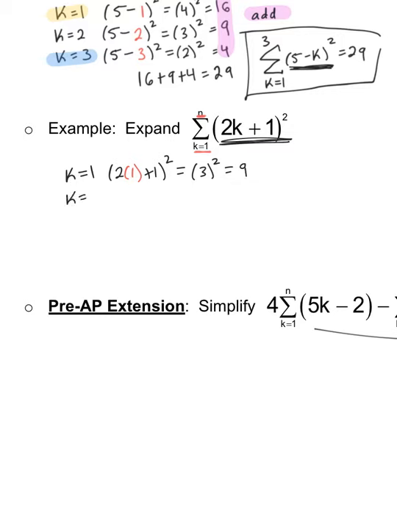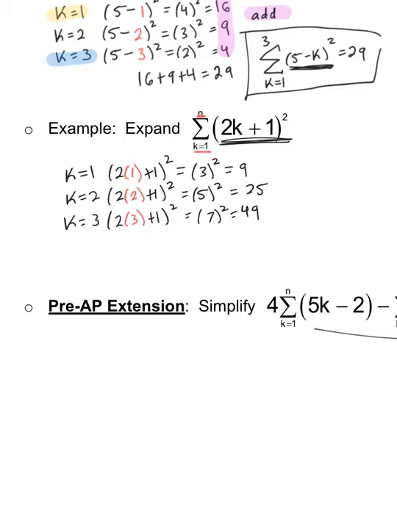If k is equal to 2, I have 2 times 2 plus 1 squared, which is 5 squared, which is 25. If k is equal to 3, we have 49.